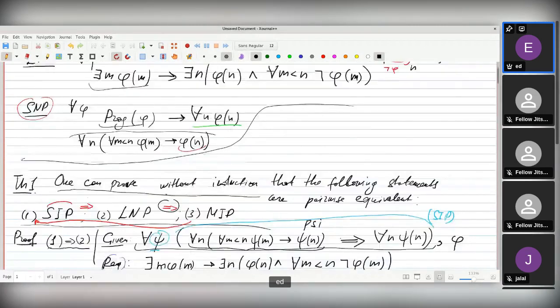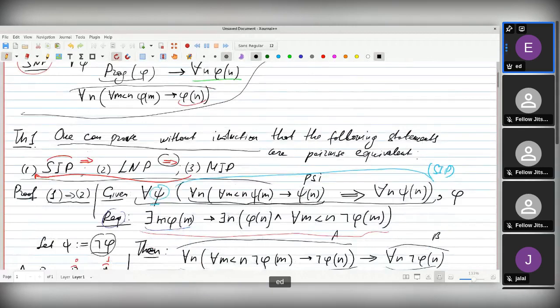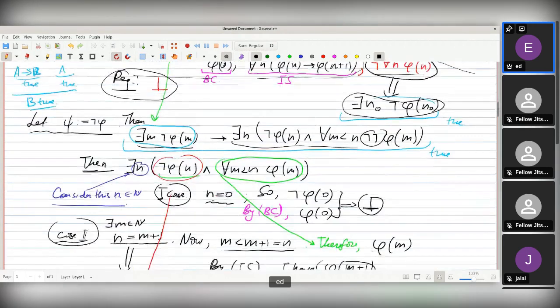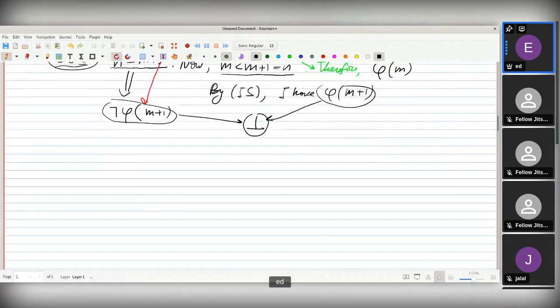Okay. The only implication which is still to be proved is from 3 to 1. And this one is the trickiest. This requires a little creativity, a little imagination.